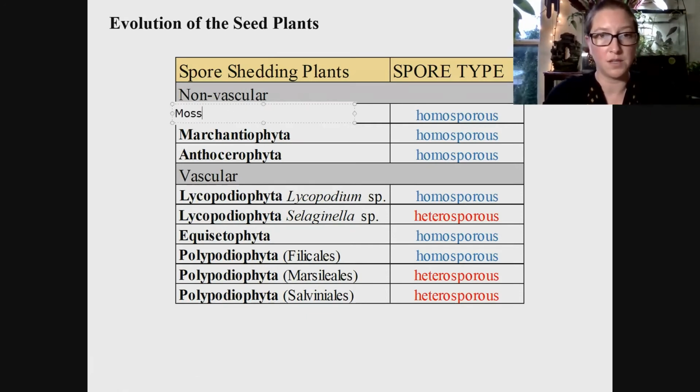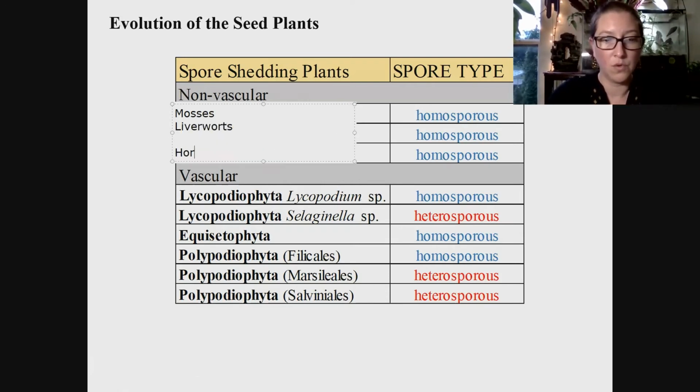So mosses, liverworts, hornworts. Look, mosses are homosporous, liverworts are homosporous, hornworts are homosporous, right?